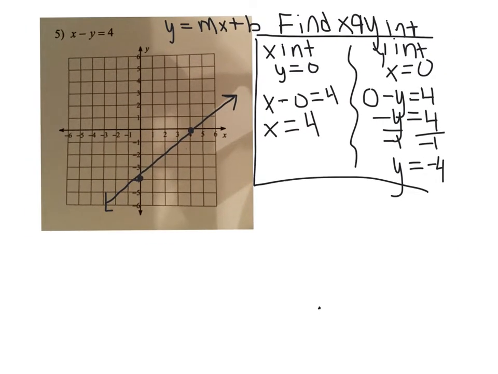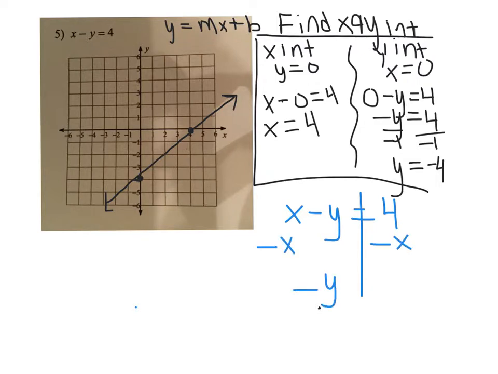So option 2 for showing work is that you can just convert it into slope-intercept form. So I have x minus y equals 4. I want to solve for the y. So I'm going to minus x on both sides. Negative y equals 4 minus x.